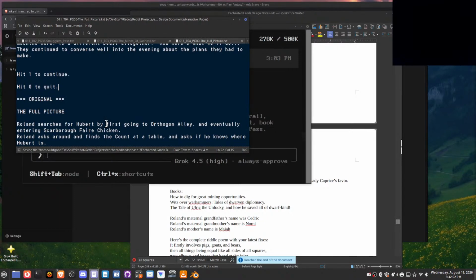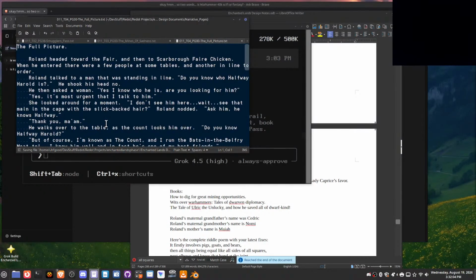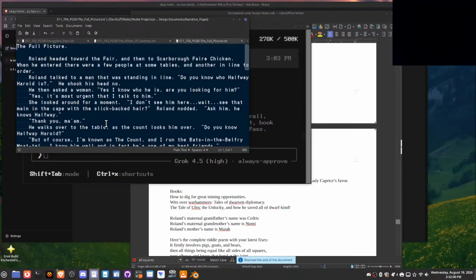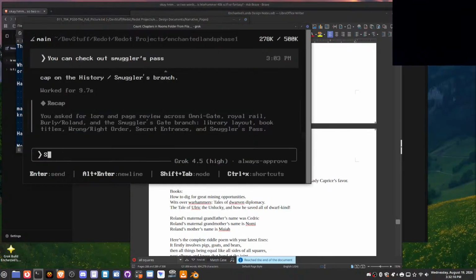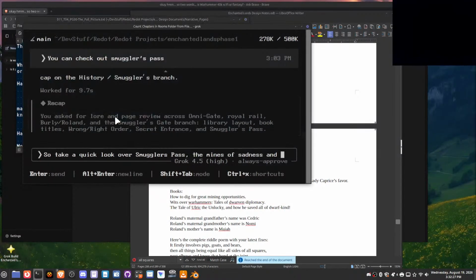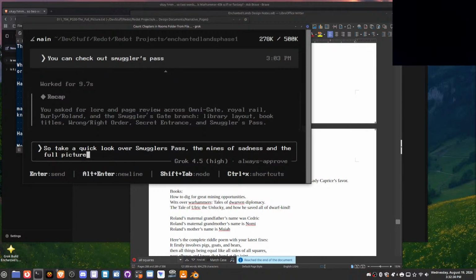Okay, let's do one thing here. That's all right. So take a quick look over Smuggler's Past, the Mines of Sadness, and full picture.